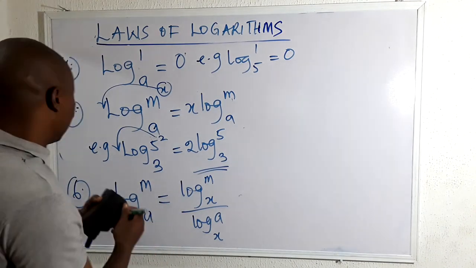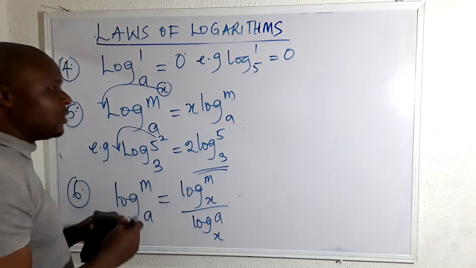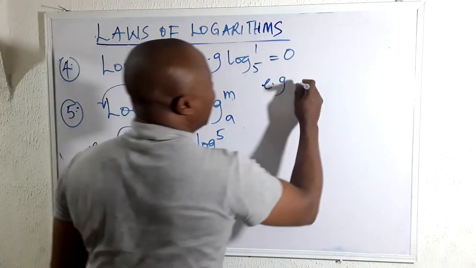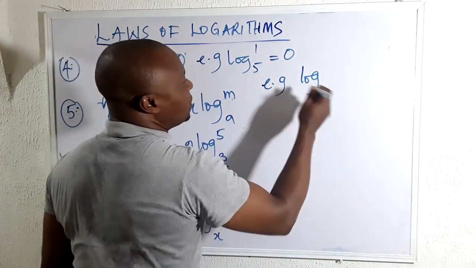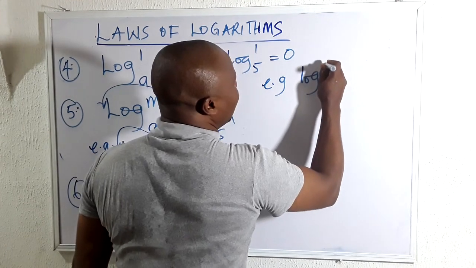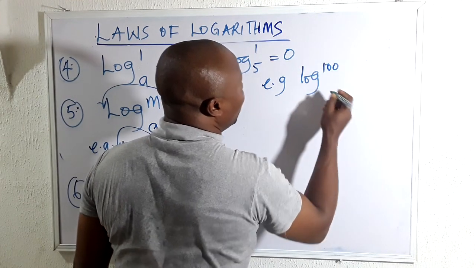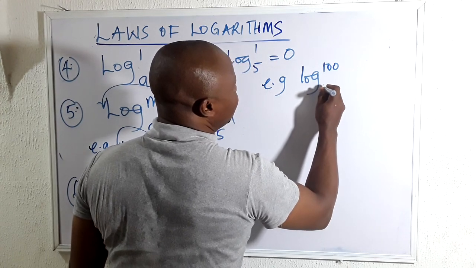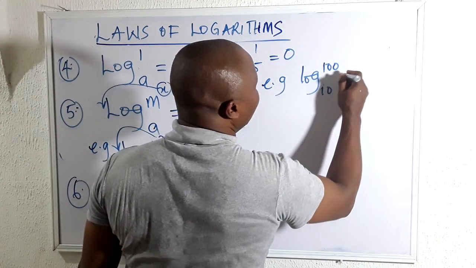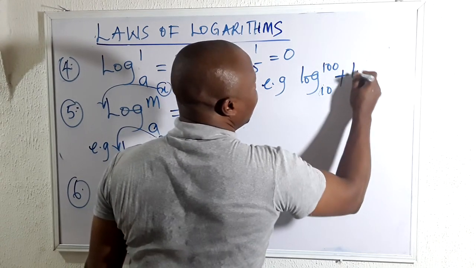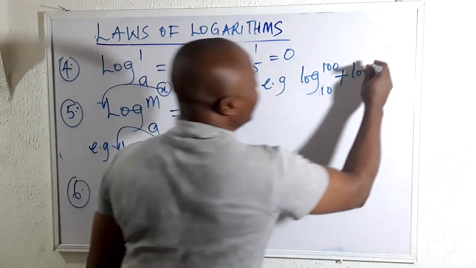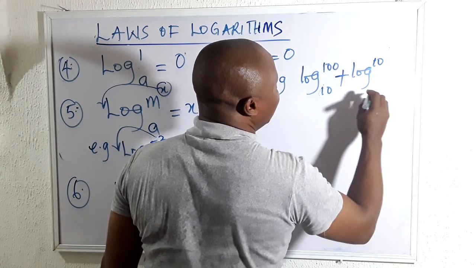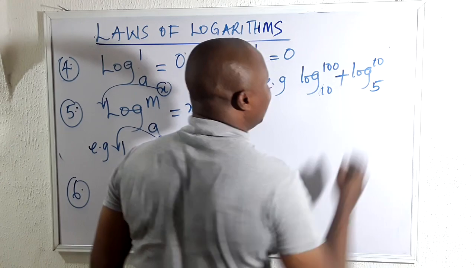Now let me give you an example of something like this. Change of base. Now we can have log 100 to base 10 plus log 10 to base 5.